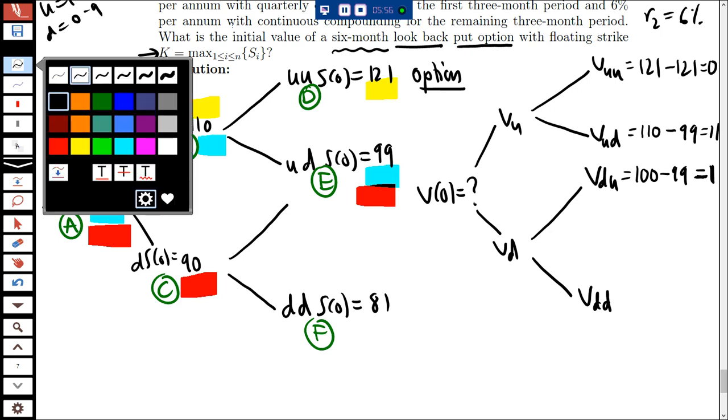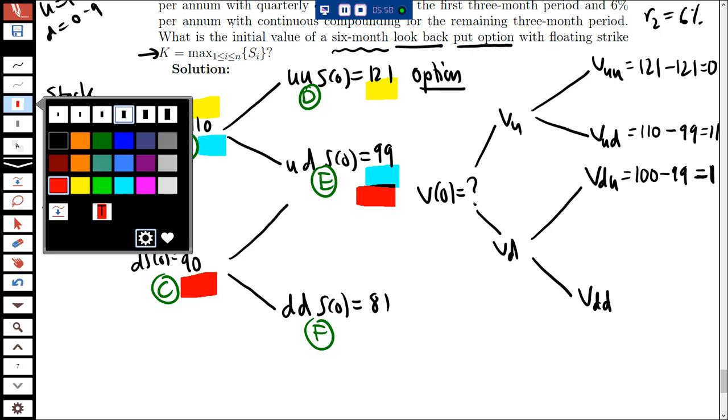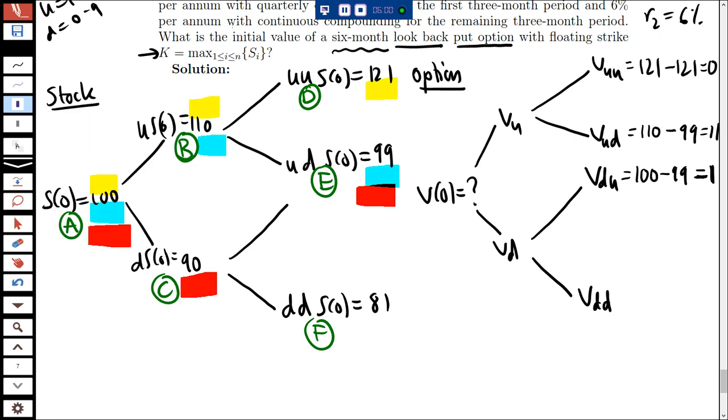Okay, and the final one, I'll find a nice color, purple, this will do. So we come this way, the biggest is 100, so K is 100, take away the share price, 81, giving the value of the option as 19.